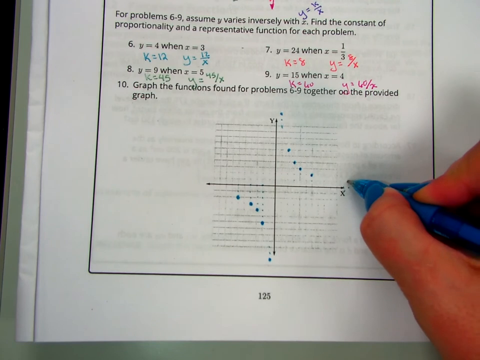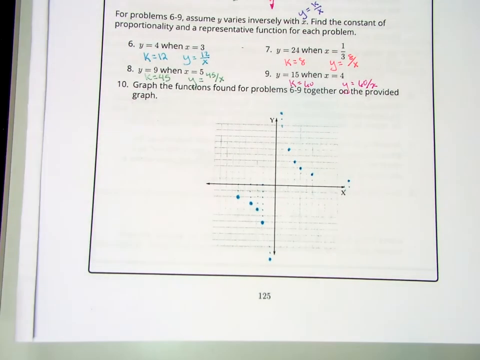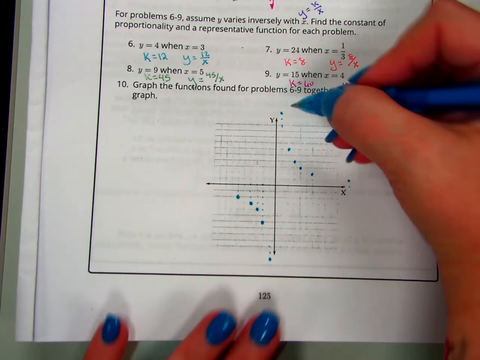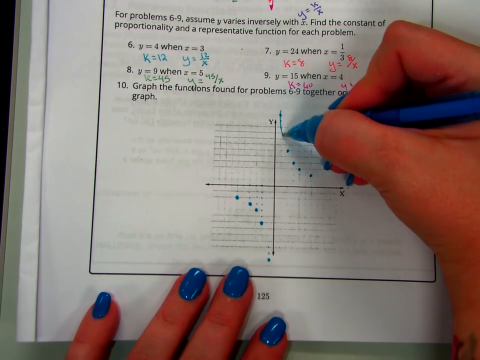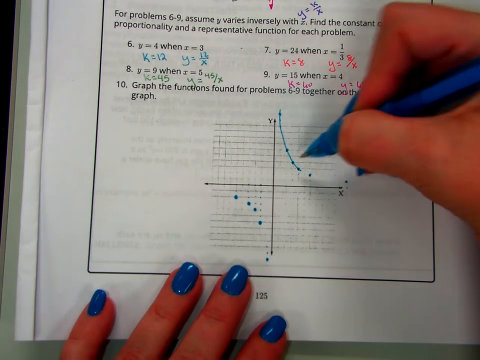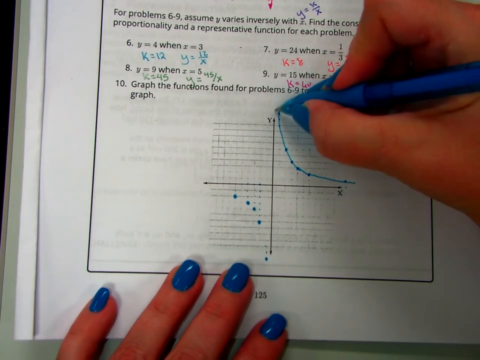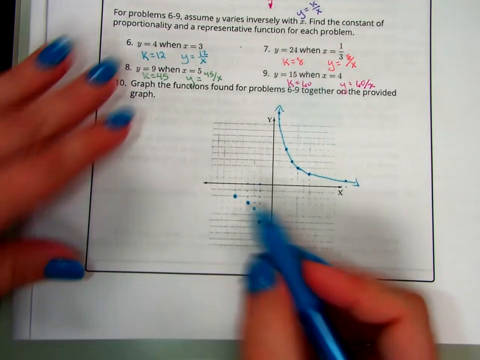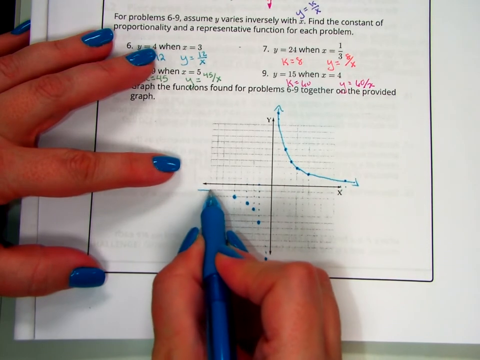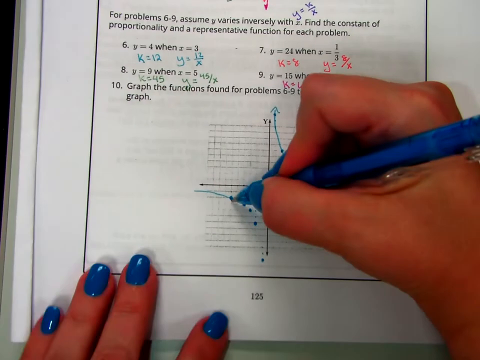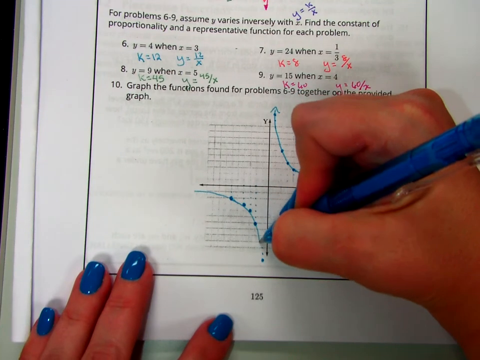And then the next one would be 12 divided by 12, which would be 1, but you fall off the graph to try to get there. So what this graph ends up looking like is it's 2 pieces that are curved. You have one that looks like this. And the other one looks like this.